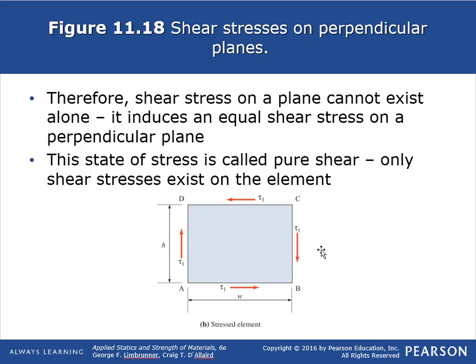Here was what we'll call the shear force from our free body diagram, and because the part's in equilibrium, we have an equal force over here. These two forces create a couple, which creates a moment about the center of this element. We can't have that because the body is in equilibrium, so the element is in equilibrium.